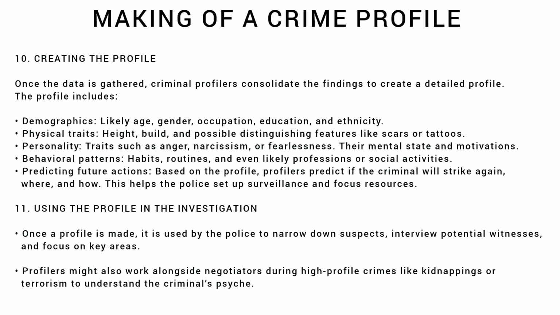10. Creating the profile. Once the data is gathered, criminal profilers consolidate the findings to create a detailed profile. The profile includes demographics: likely age, gender, occupation, education, and ethnicity; physical traits: height, build, and possible distinguishing features like scars or tattoos; personality traits such as anger, narcissism, or fearlessness, their mental state and motivations; behavioral patterns: habits, routines, and even likely professions or social activities; and predicting future actions.